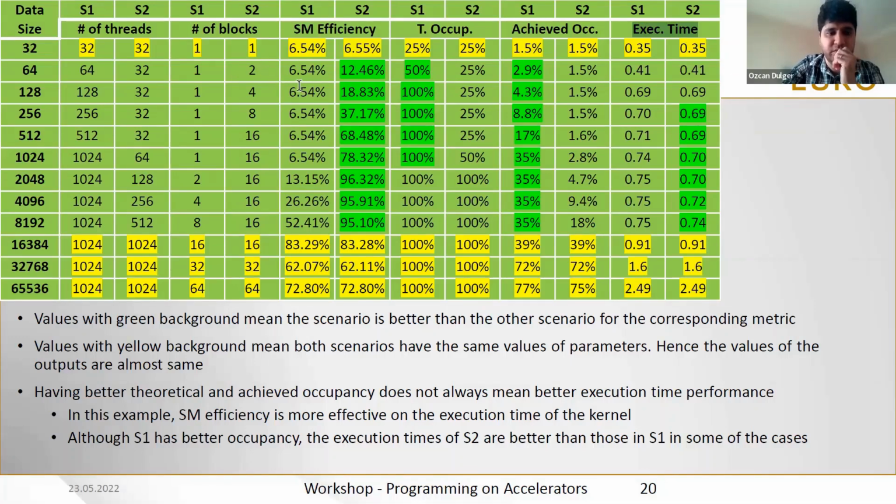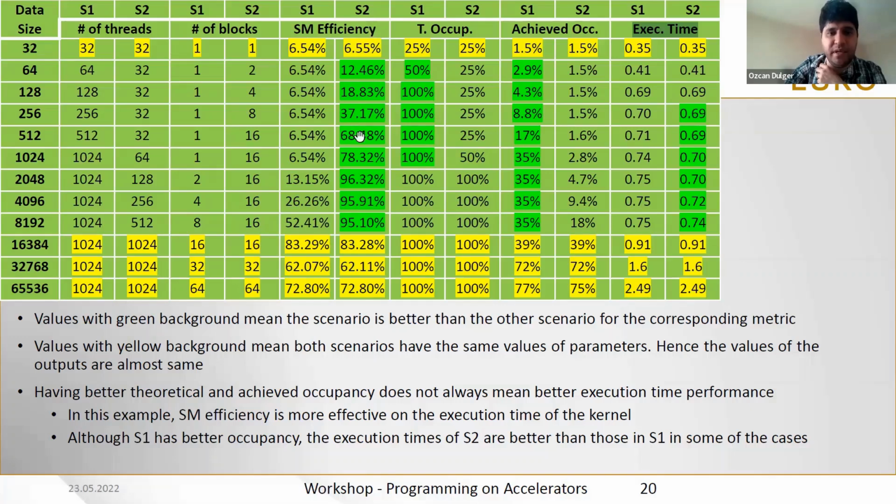The values with a yellow background mean both scenarios have the same parameter values, so the outputs of the metrics are almost the same. A green background means that scenario is better than the other scenario for that metric. So let's look at the SM efficiency metric.